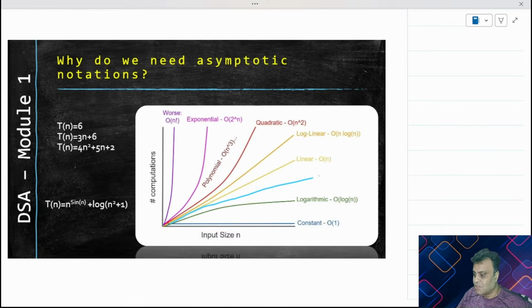So this is your Tn, which represents the left hand side, whatever we see here. This is what is represented on the right as a complexity curve of the time complexity that we see on the left. It will be between linear and logarithmic.